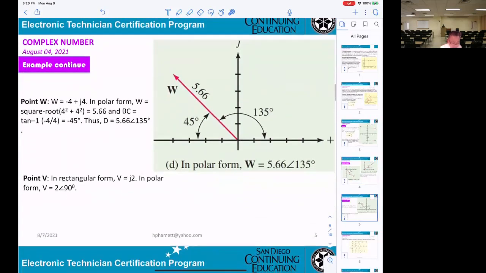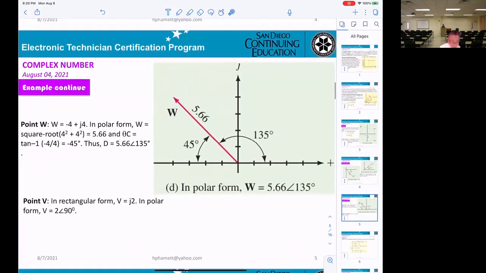Now, on W, they are telling you minus 4 plus J4 in rectangular. In polar, W equals square root of 4 squared plus 4 squared, 5.66, and the phase angle is minus 4 divided by 4, minus 45. So basically that will be 90, and you're adding 45. The angle will be 135 degrees.